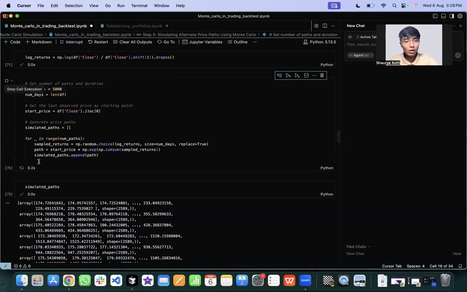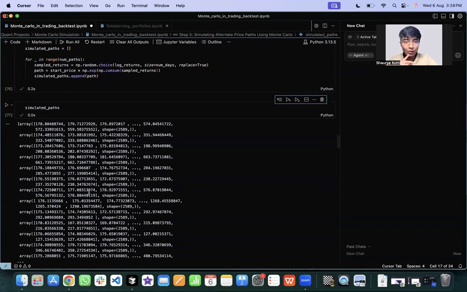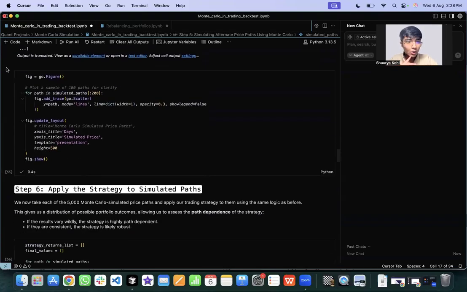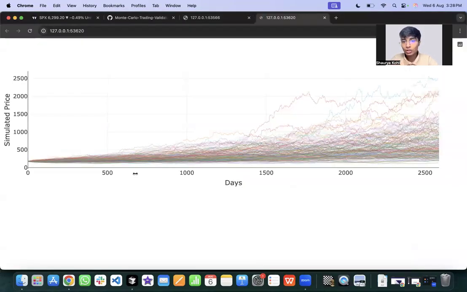So I will also show you what we are actually talking about. When we got the figure, you could see that we started from 198, and you could see different paths over here.